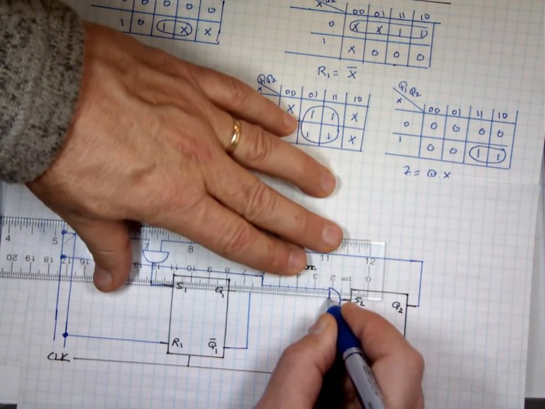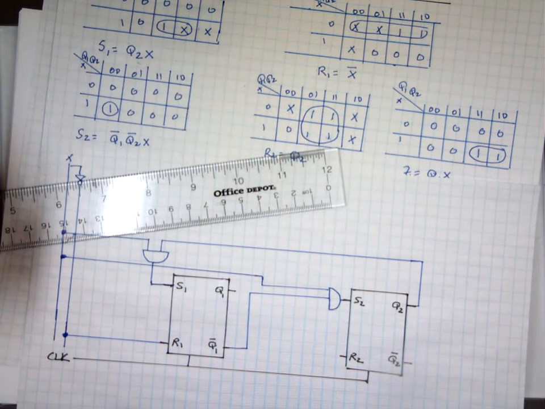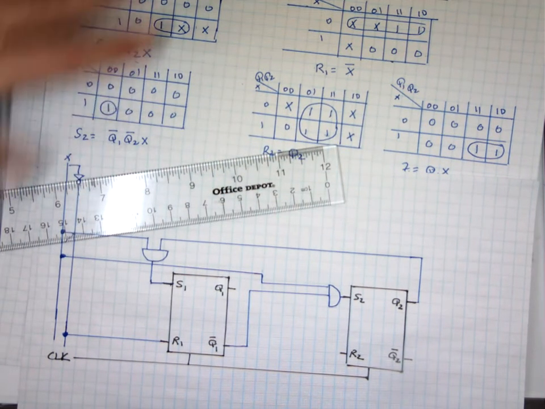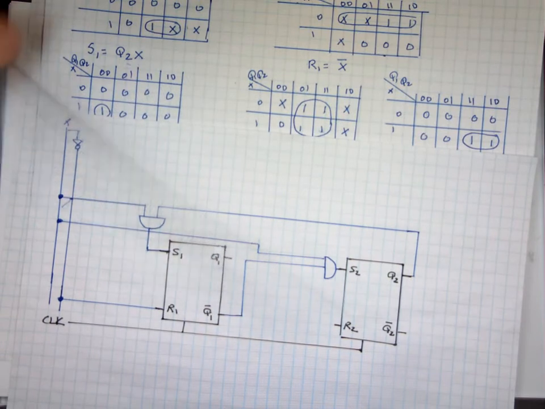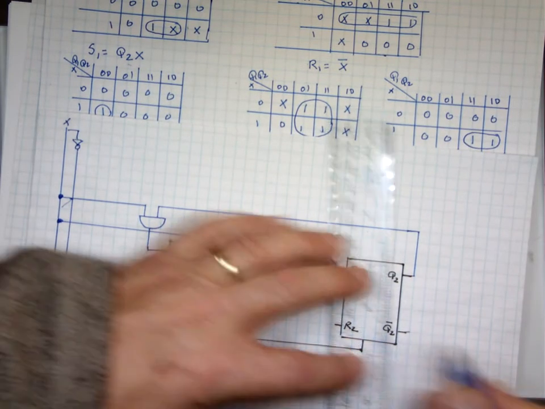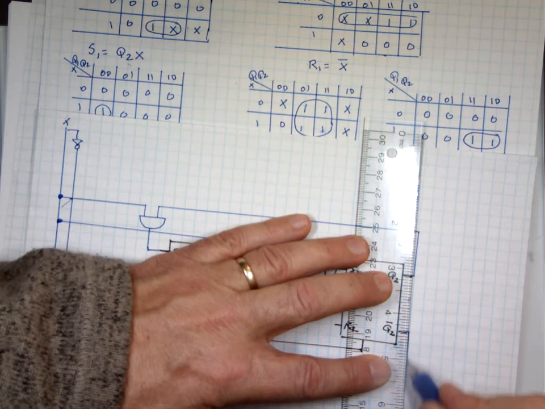Go into that. And I've got a Q2 bar. I can pull that from the bottom here and wrap it around.